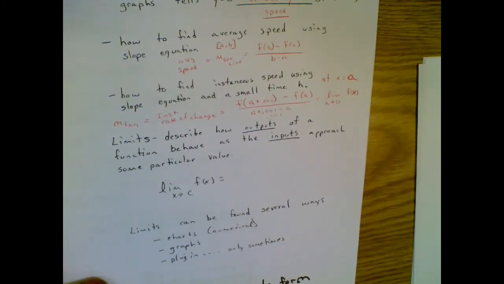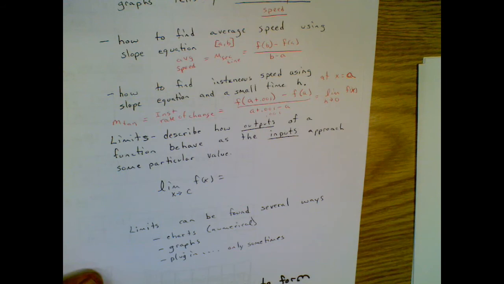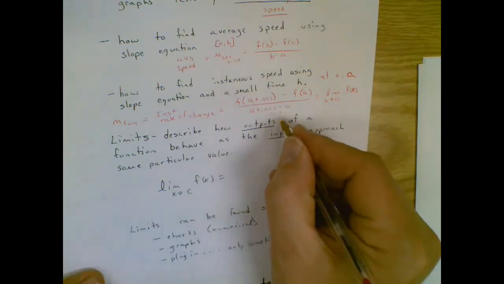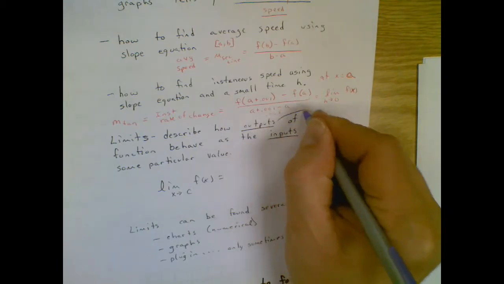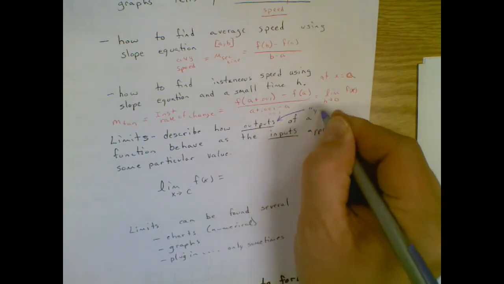So limits can be defined a lot of ways. They describe the outputs of a function, or how the outputs of a function behave as the inputs of the function approach some particular value. We all know that the outputs are the y values. Some people replace this with the word y values.